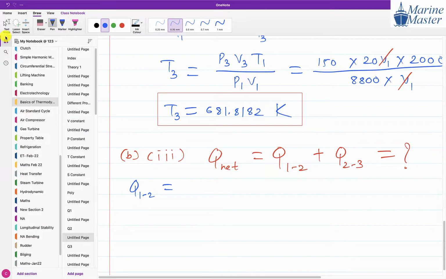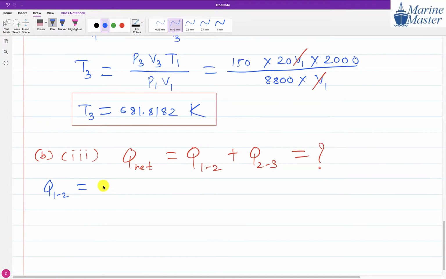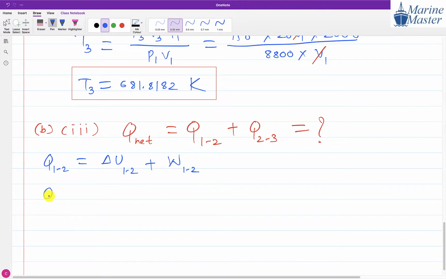So Q1 to 2 will become delta U 1 to 2 plus W 1 to 2. Delta U 1 to 2 will become m Cv into (T2 minus T1).